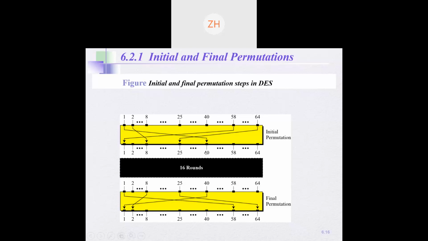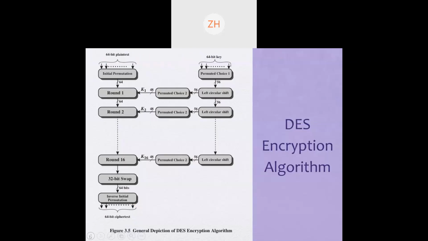Now we see the figure together. What is inside the figure? What is 1, 2, 8, 25 until 64? Here is the initial permutation. Over here is the final permutation, to reflect this structure: the initial permutation and the inverse initial permutation, or the final permutation.